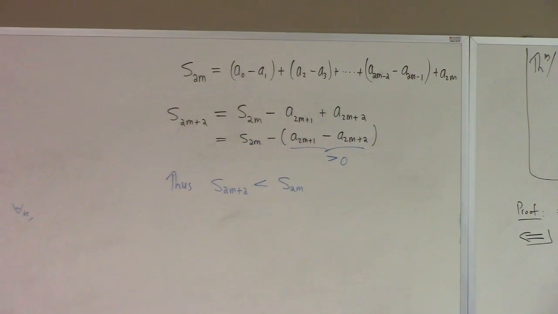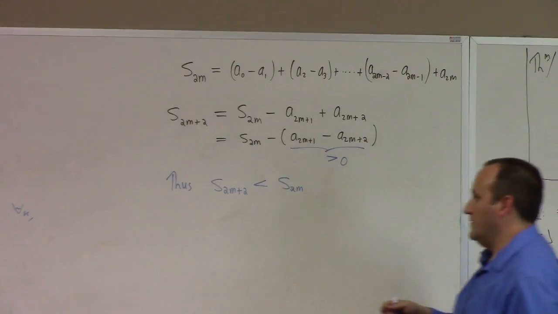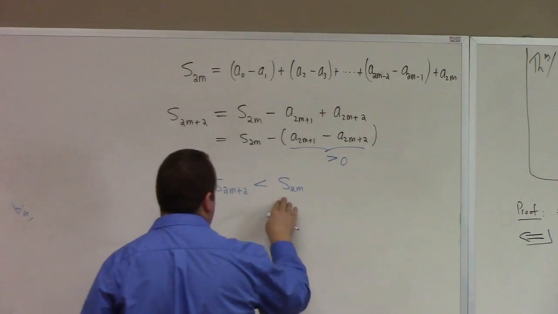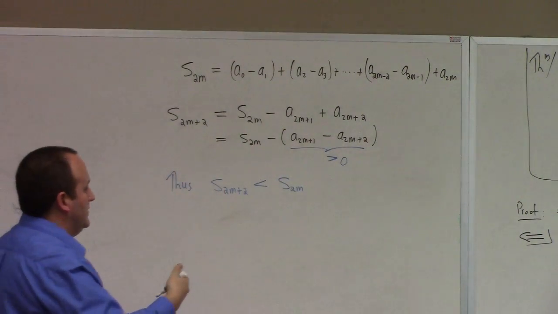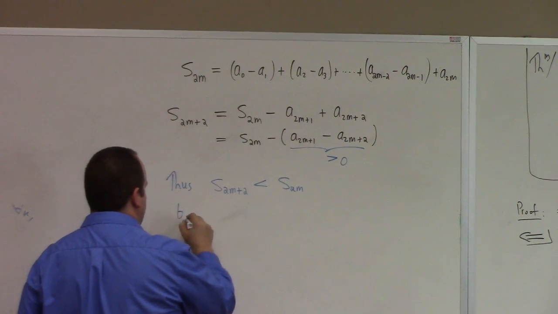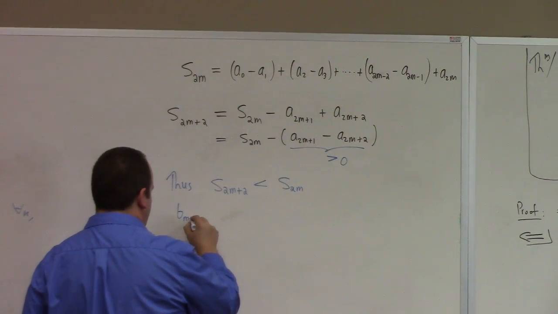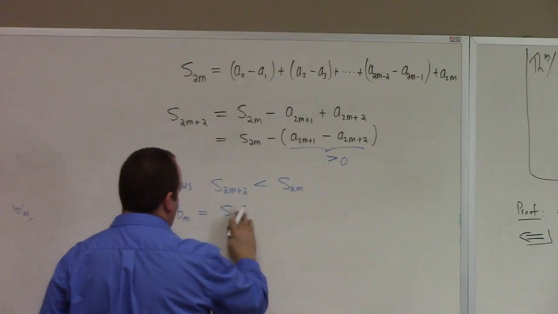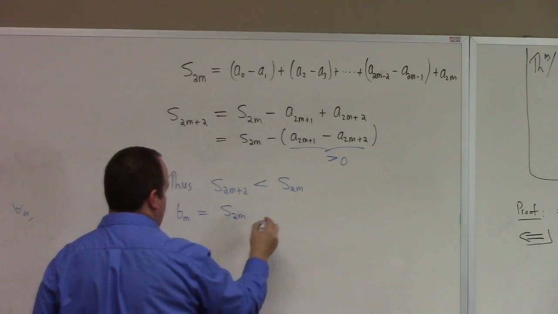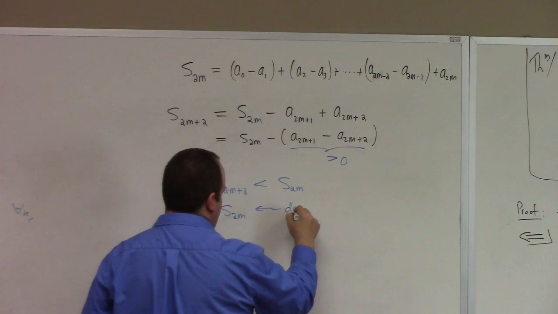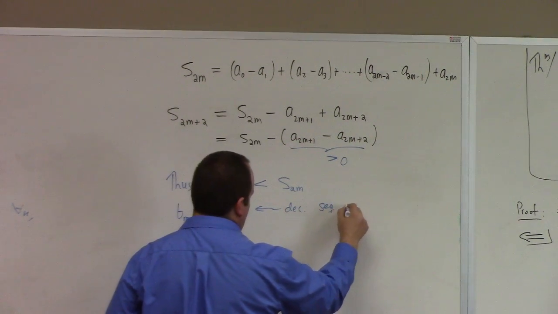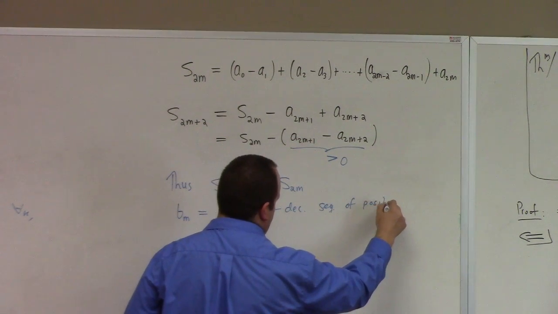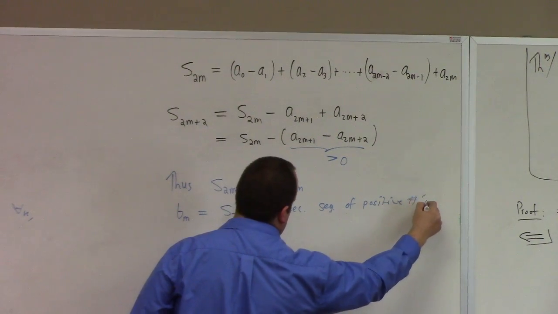What does this show? This shows that the sequence of partial sums of even index is a decreasing sequence of positive numbers, right? So check it out. We have shown then that, basically, you've got this sequence, let's call it b sub m equals S sub 2m, right? What can we say about this sequence? This is a decreasing sequence of positive numbers.